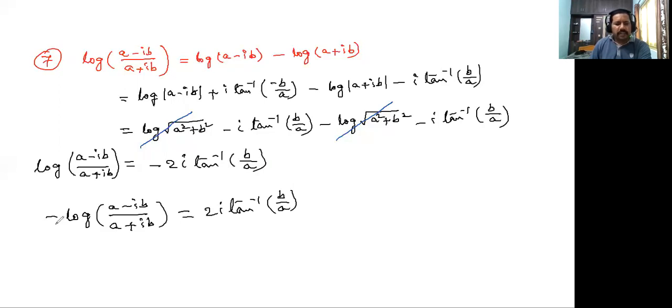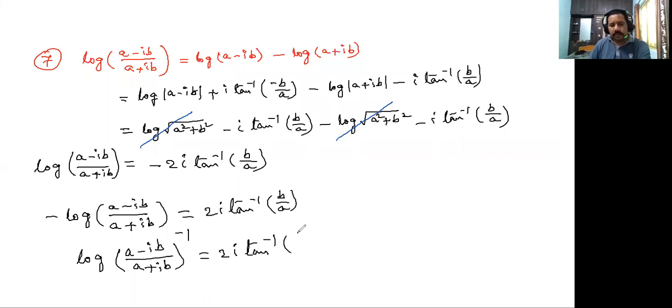Now, in front of the logarithm a minus is there, it is going to power. Now we get logarithm of (a minus ib) divided by (a plus ib) power minus 1, that is equal to 2i tan inverse b by a. Power minus 1 is there, so it is going to reciprocal.